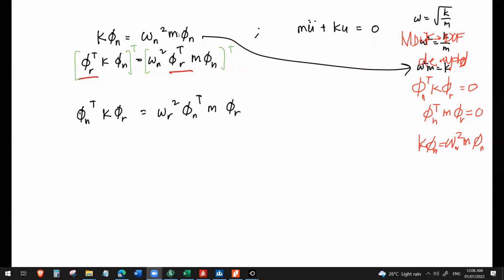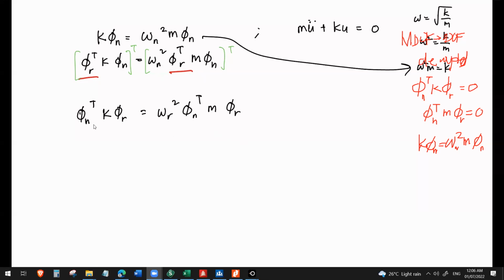Notice that phi n now has a transpose, because we put a transpose on both sides, but phi r and phi n switch positions. That's a property of matrices.